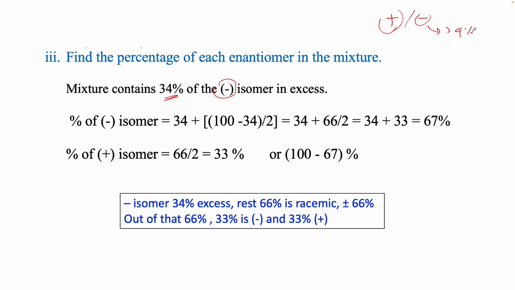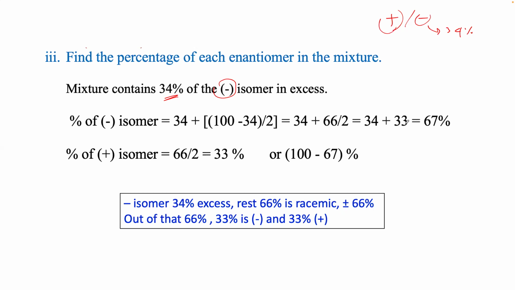It's not like a racemic mixture inside, but the other 66% is actually plus and minus, both in the same quantities. So that's why we see only this one 34%, and it's the rotation due to that 34% excess of the negative isomer. So to get how much negative isomer we have, it should be the 34% excess plus (100 minus 34) divided by 2, that means 66 divided by 2, that is 33.